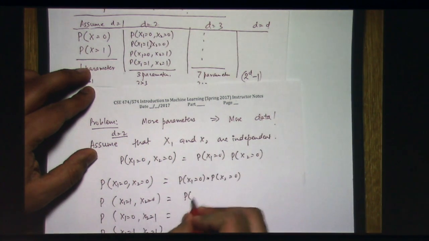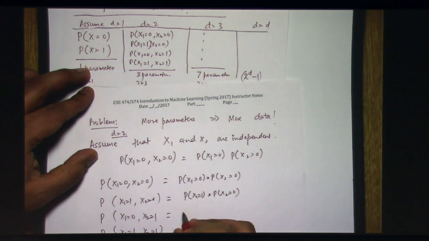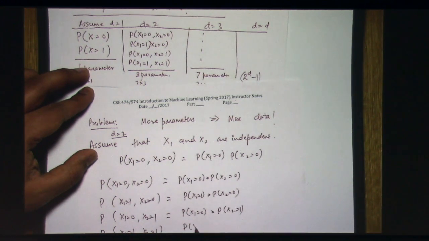This one will be P(x1 = 1) times P(x2 = 0), and so on, up to x2 equal to 1. Any questions about this part?